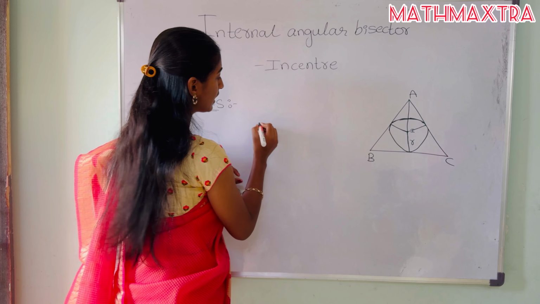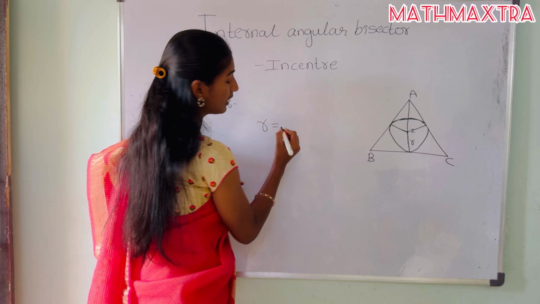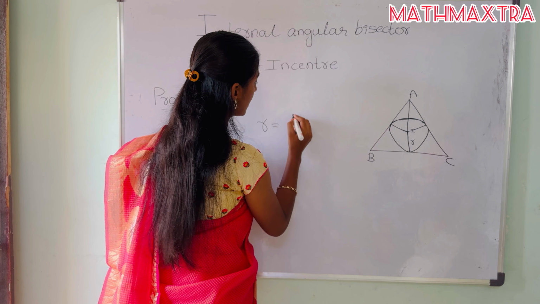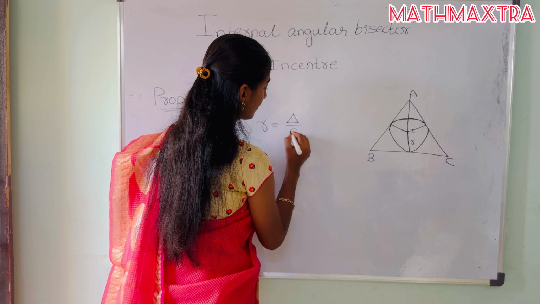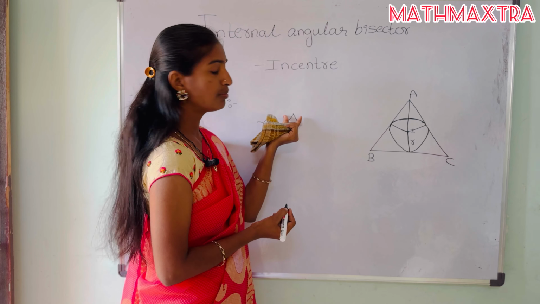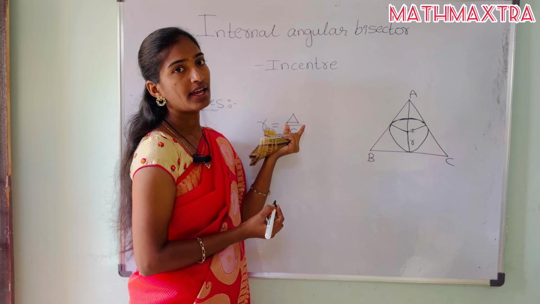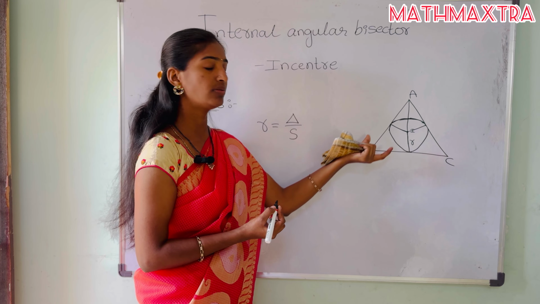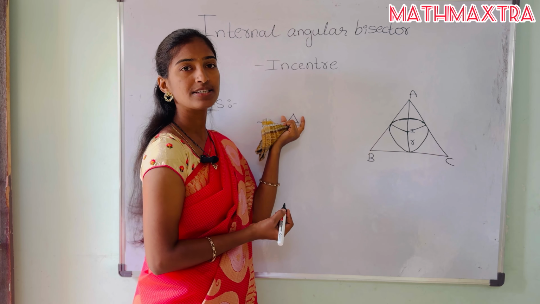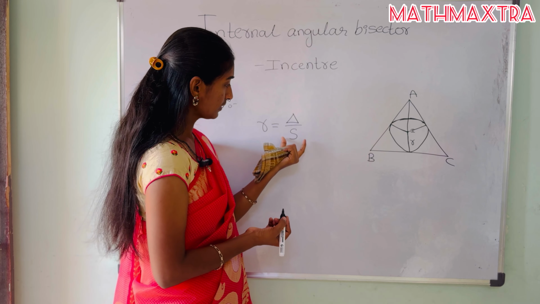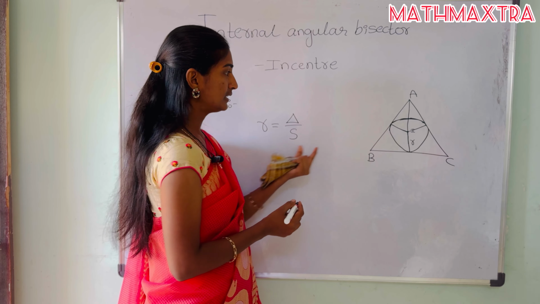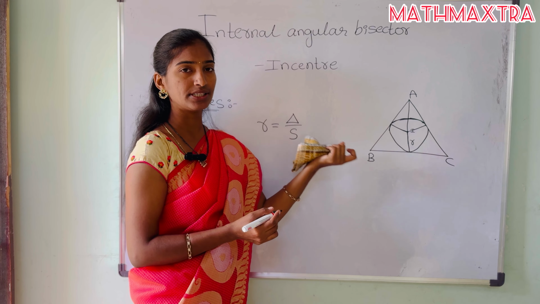In order to calculate the inradius for different types of triangles, we have the formula r is equal to delta by s. So what is delta here? Delta is the area of a triangle. Whatever triangle you consider, the area of the triangle is represented by delta. And this s is the semi-perimeter of a triangle. See, if the triangle has all three sides, right?